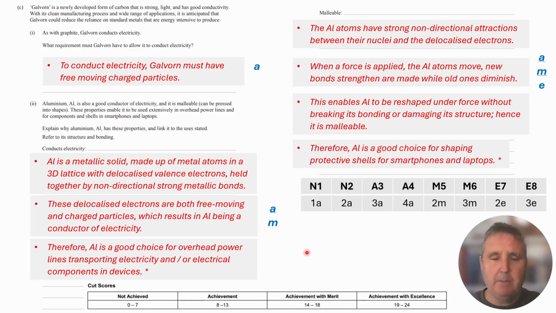Now, this paper was quite heavy on structures of solids here, structure and properties of solids. It's not always that heavy on these, but make sure you actually practice writing out these paragraphs. And in this one, they talked about the conductivity, the malleability.